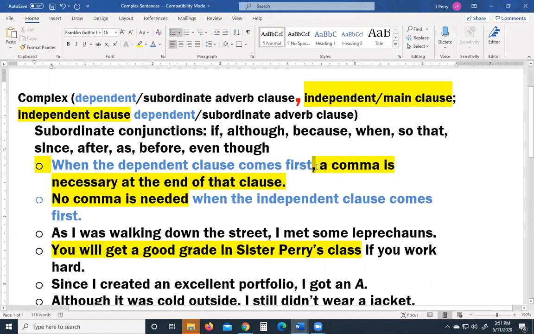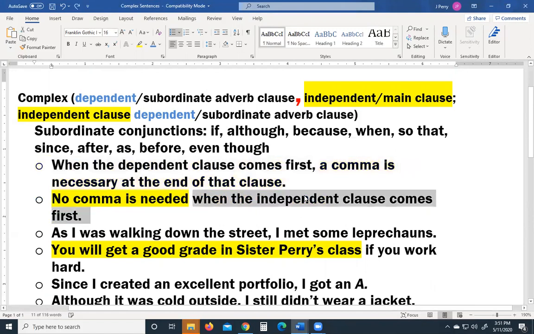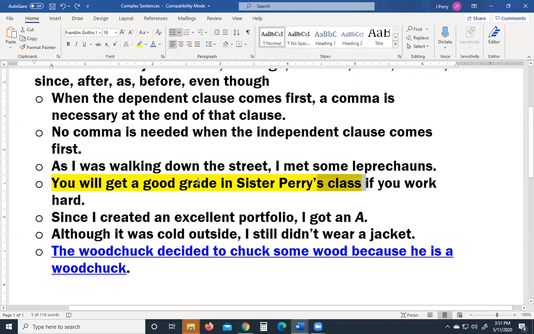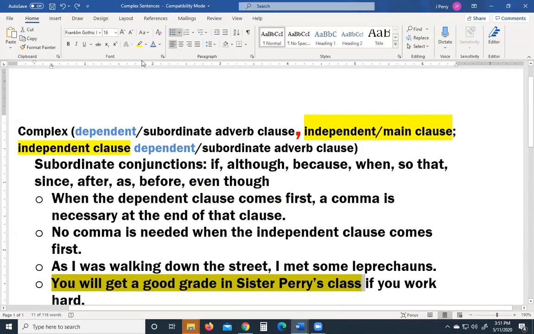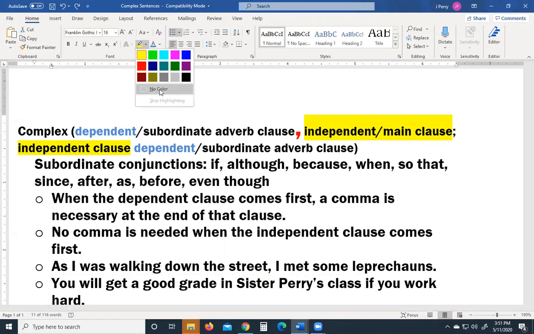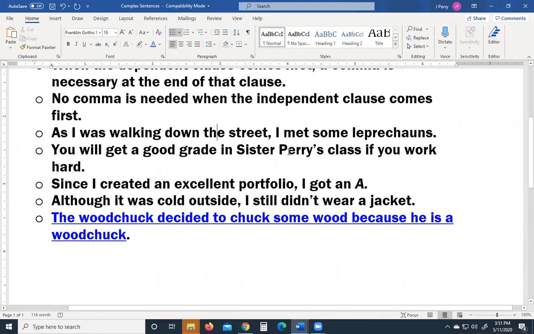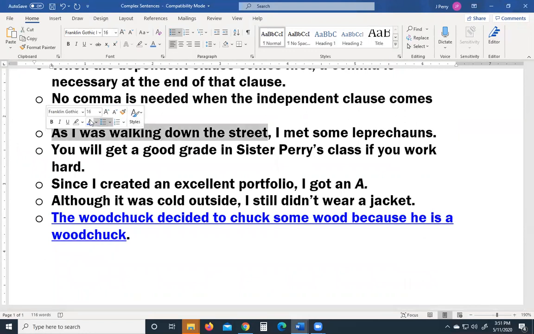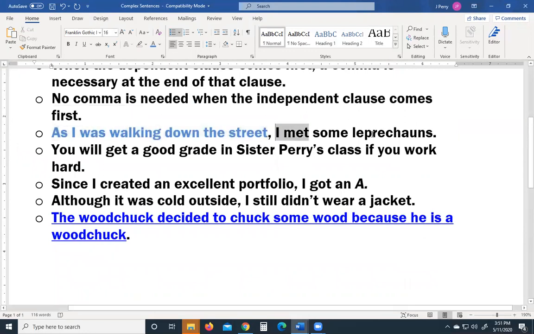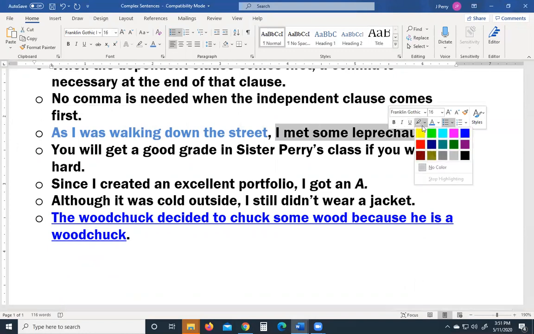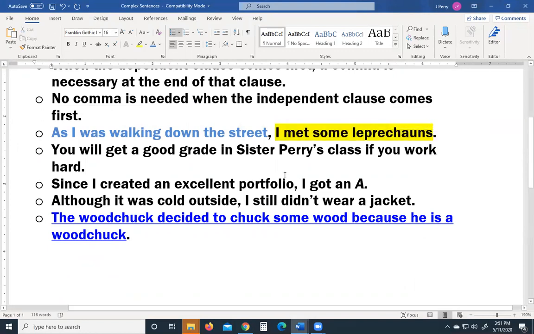So right here. Okay, I don't want to fill this with too much. I don't know why this is highlighted. That's kind of weird. Let's just get rid of that color there. Okay, as I was walking down the street, that's definitely a dependent clause. I met some leprechauns, independent clause. Hope this is making sense.